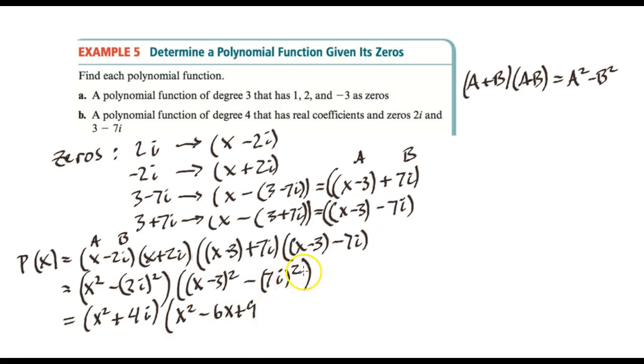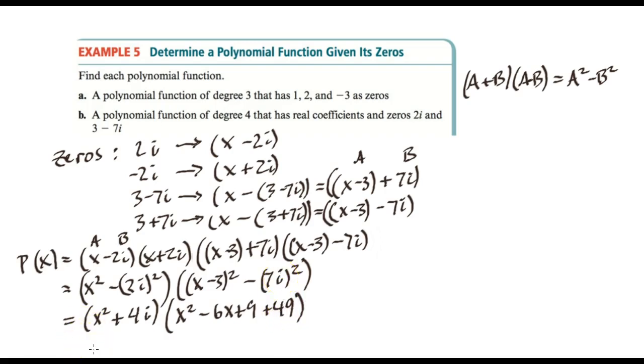And then minus 7i squared: 7i squared is minus 49, so minus a negative 49 is plus 49.